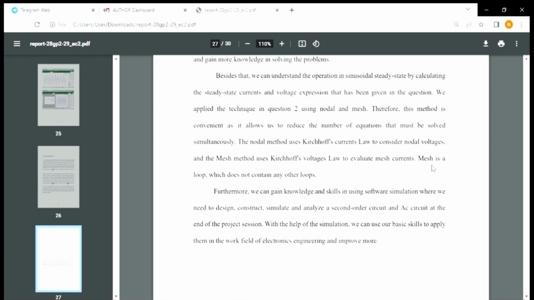So this method is convenient. It allows us to reduce the number of equations that must be solved simultaneously.